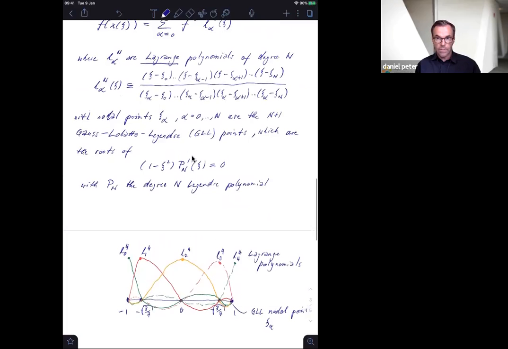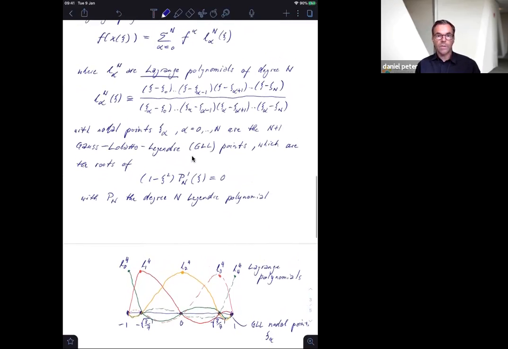So is this clear? The main point here is the function expansion, the top you see. We expand our function onto these Lagrange polynomials. And we can set the degree of the polynomial, let's say degree 4. Then we have these polynomials which are sketched out for the reference element.